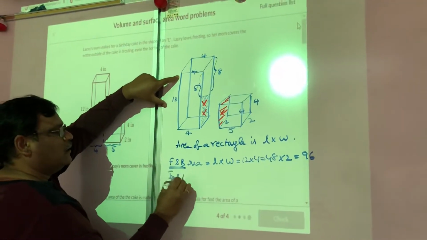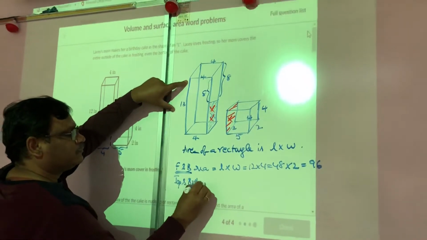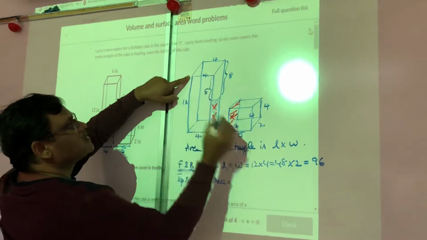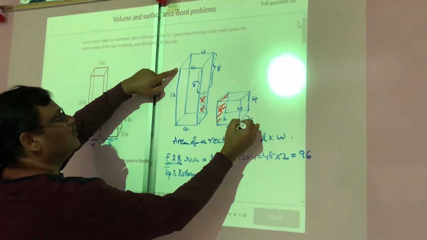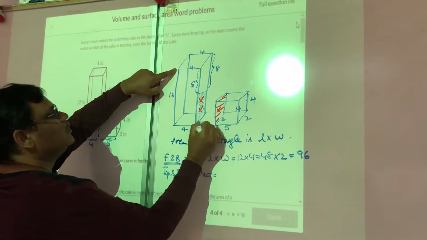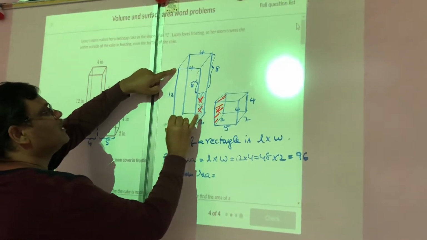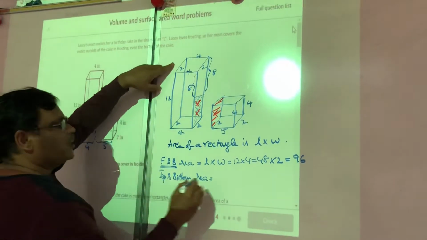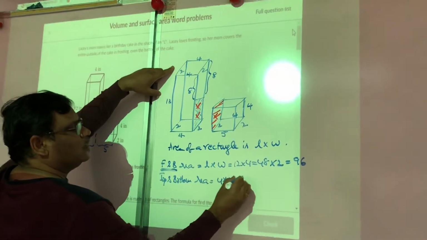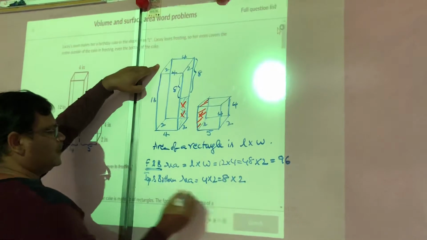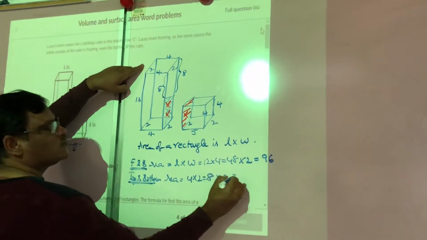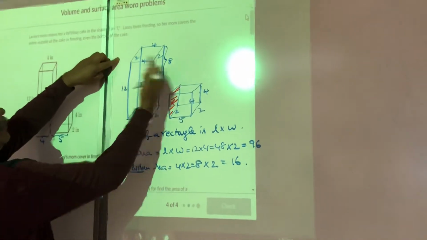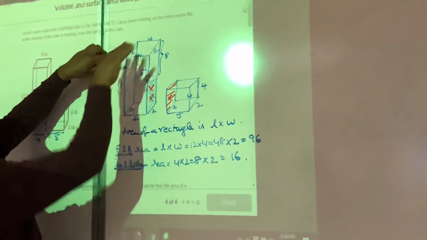The areas would be, again, with the dimensions, if you look at here, this is 2 units. So the top area would be 4 times 2, which is 8, and double it because it's top and bottom, which would be 16. So I'm done with front, back, top and bottom.